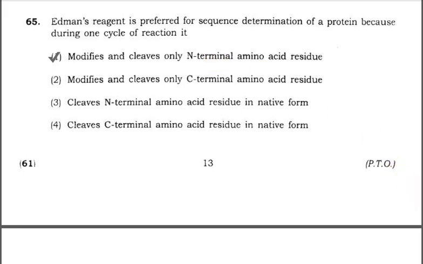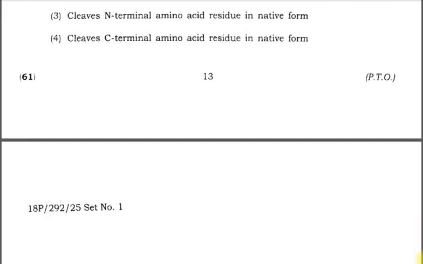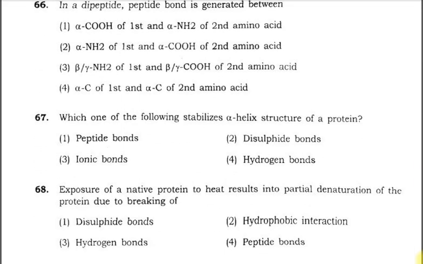Question number 66. In a dipeptide, the peptide bond is generated between: option 1 alpha carboxyl of the first and alpha amino of the second amino acid. Option 2 alpha amino of the first and alpha carboxyl of the second amino acid.